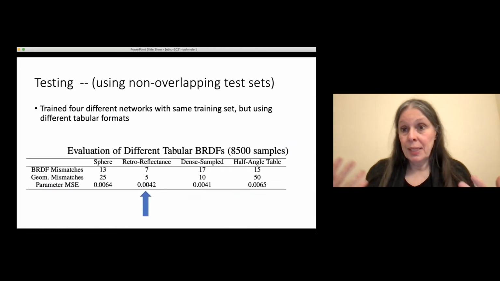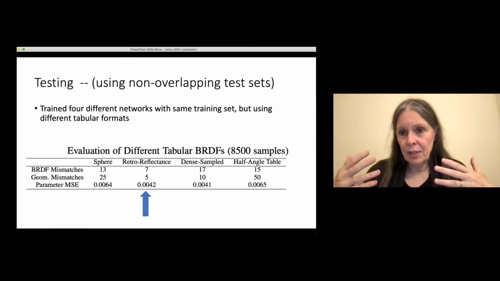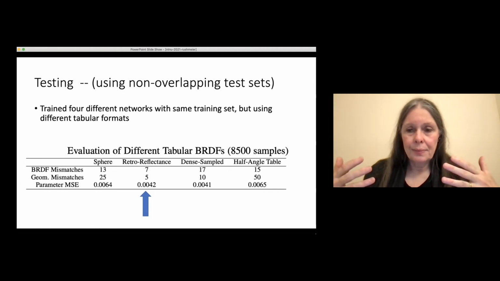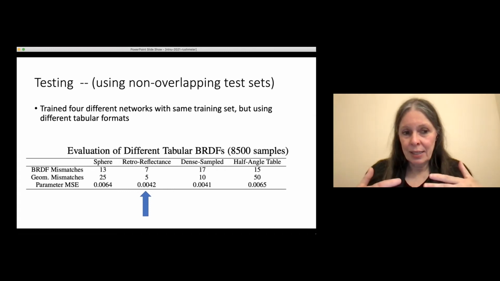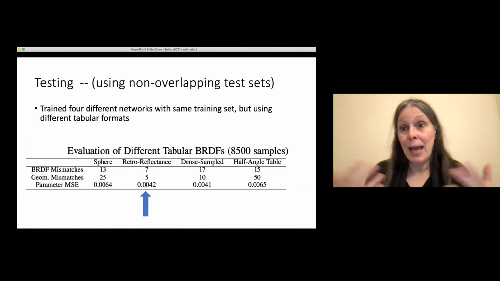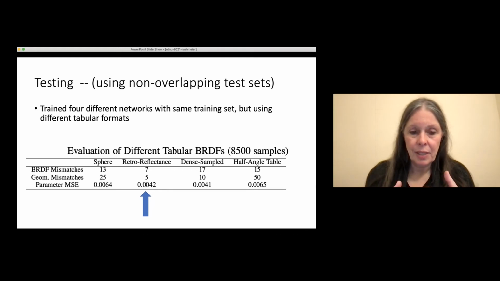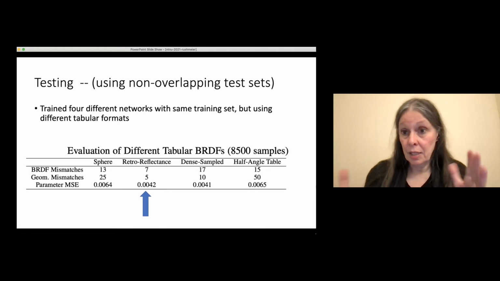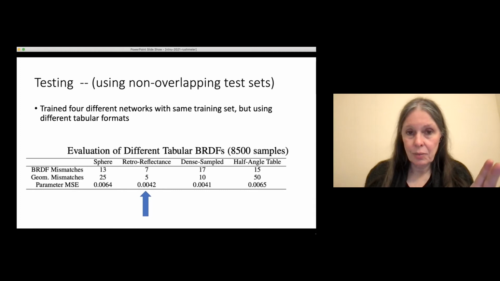So we trained the networks with the same training set but with different formats, and in testing which trained best to produce the best testing results on our training data, the retroreflective representation was the best.